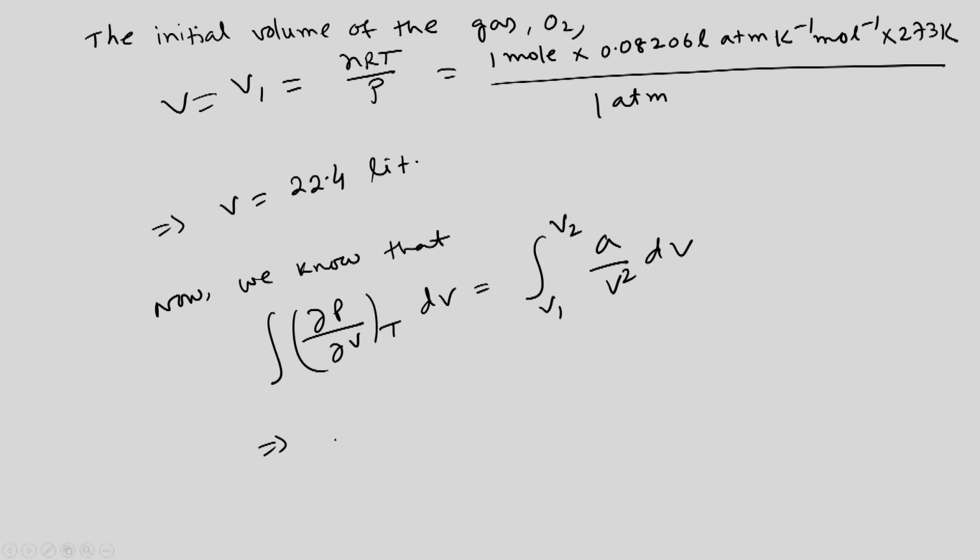So, we get A (V2 minus V1) by (V1 times V2). So, we get A times 9V by 10V squared.